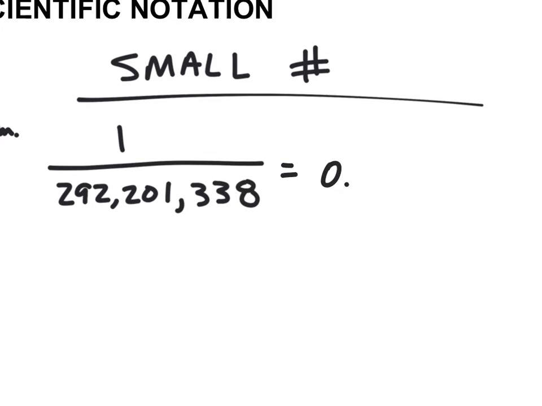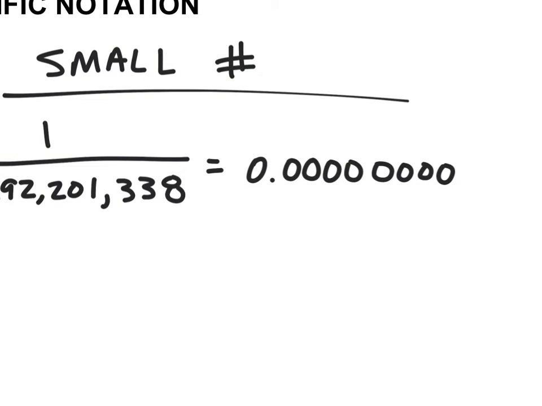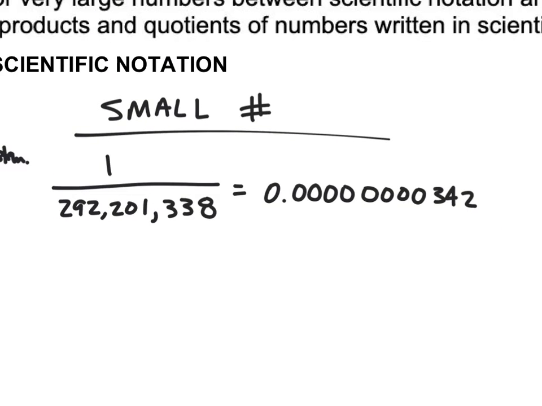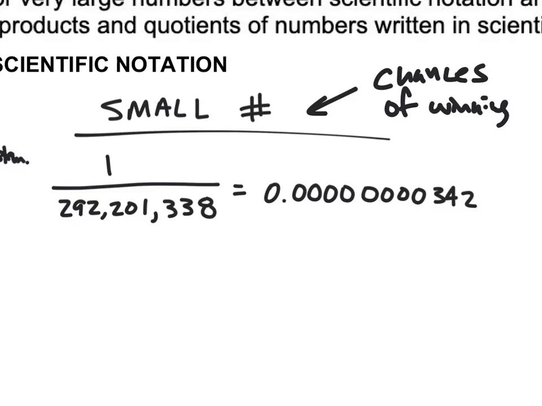Hold on, what do we got here? 0, 0, 0, 0, 0, 0, 0, 0. 1, 2, 3, 4, 5, 6, 7, 8 zeros. And then the numbers start happening, and it's going to be 3, 4, 2. Okay? This is a really small number, okay? And this is the chances of winning the Powerball lottery, okay?